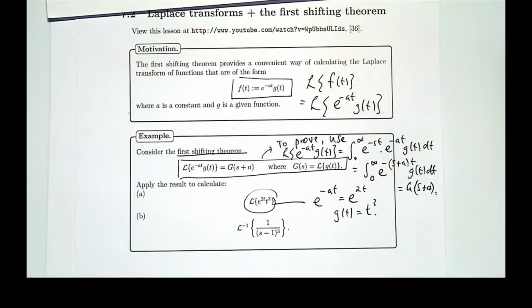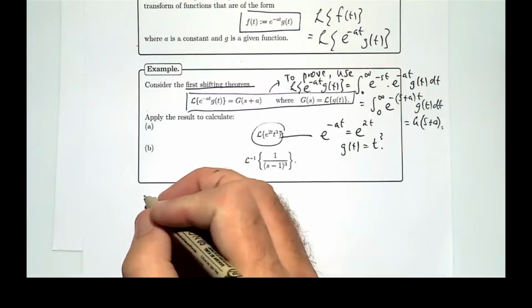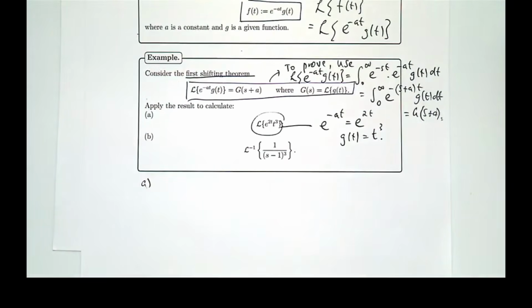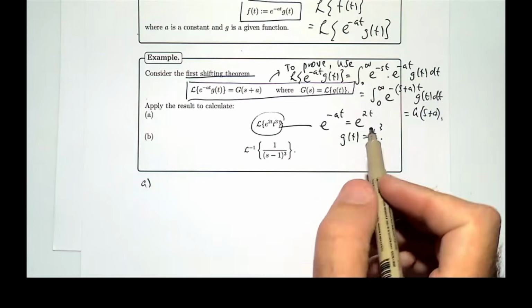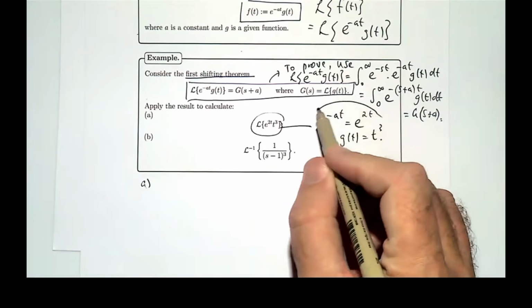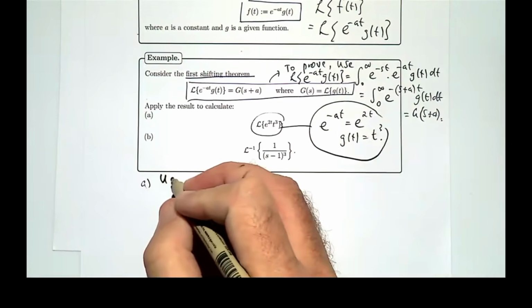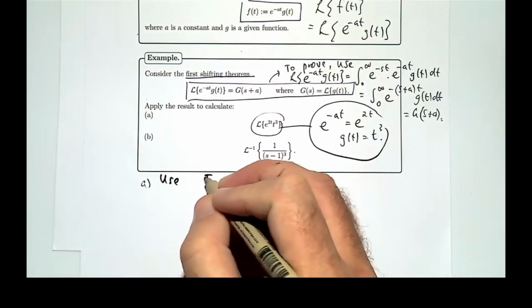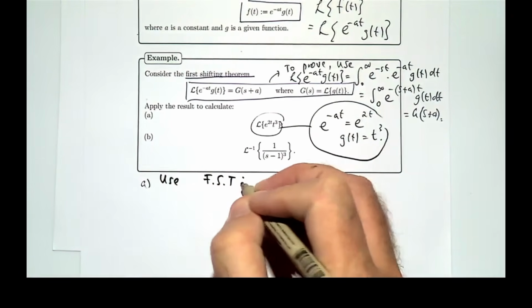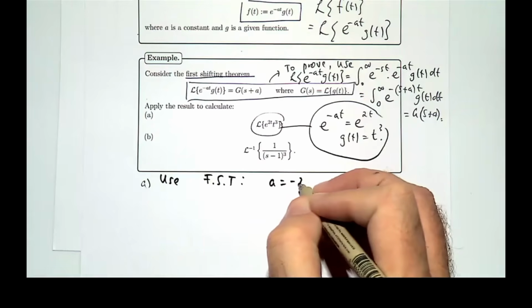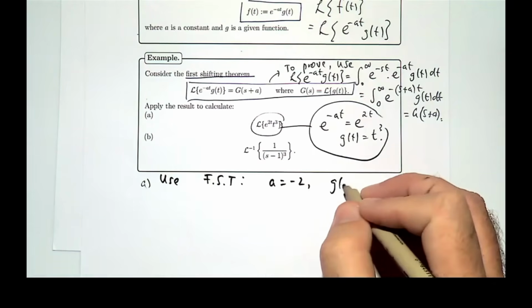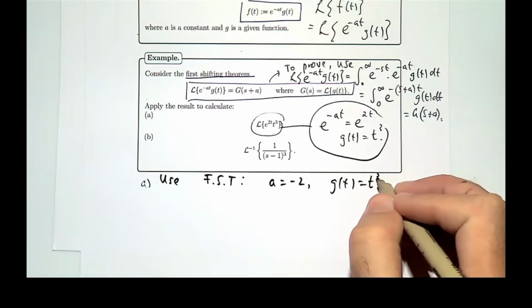So let's have a look here at part A and see if we can do it. All right, so here, use the first shifting theorem, a equals -2, and g of t equals t cubed.